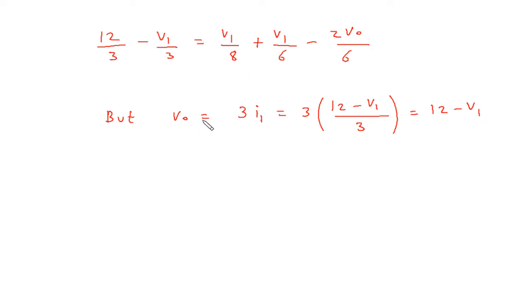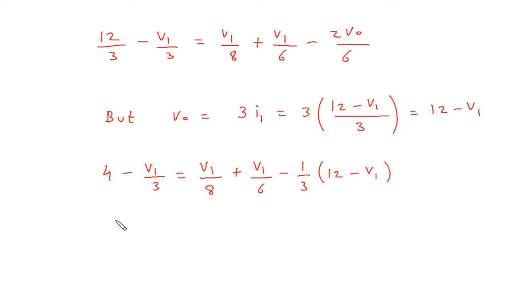So we will substitute this value in this equation. So this will be 4 minus V1 by 3 is equal to V1 by 8 plus V1 by 6 minus 1 by 3, and this VO will be 12 minus V1.